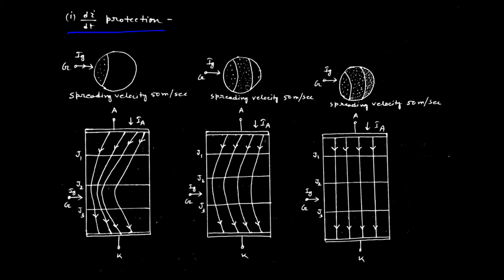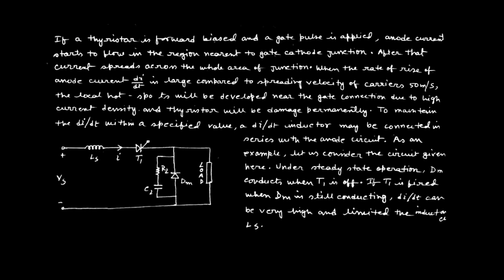That is why, to protect it, what will be the protection circuit? Consider this simple circuit through which we can demonstrate how di/dt can be protected. See, in this circuit, this is actually the switch, the thyristor, defined by T1, and a load is connected there.